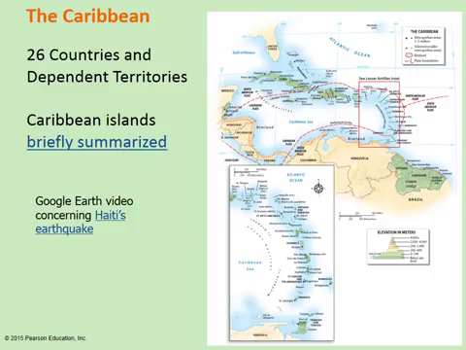Note that they seem to follow, in a sense, the broken red line that lies to the east of them. And that's where the plates meet each other. And so there is some plate action involved here.